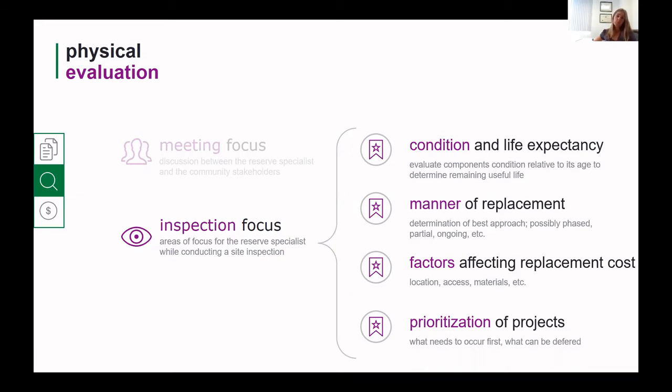We're also going to look for factors that affect the replacement cost. What's the location like? Is it in downtown DC or is it out in the suburbs where it's a little easier to access? If it is in downtown DC, we probably might need to include, let's say for mechanical equipment on the roof, we might need a crane, right? So there's going to be costs associated with that we need to make sure we take into account.